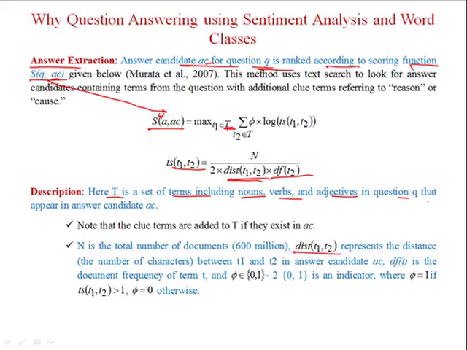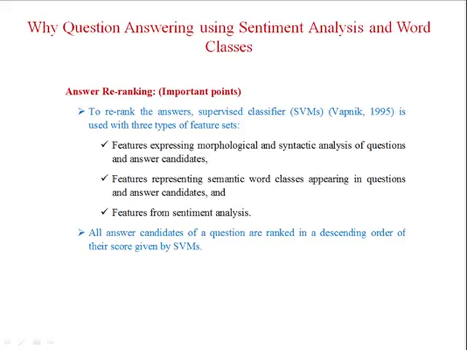TS represents the term similarity between T1 and T2, and the distance between T1 and T2 represents the number of characters between T1 and T2 in the answer candidate AC, and df(T) is the document frequency of term T. Phi is equal to 1 if the document contains the term and the term similarity is greater than 0, and phi is equal to 0 otherwise. So this is the way to identify the candidate answers.